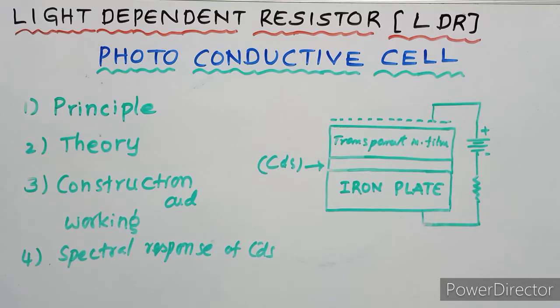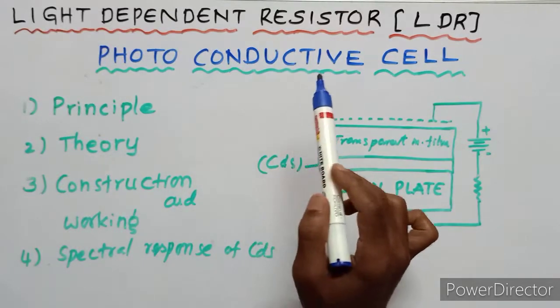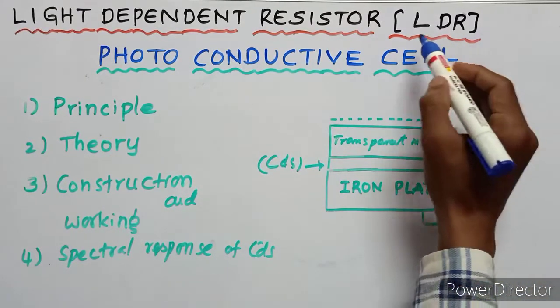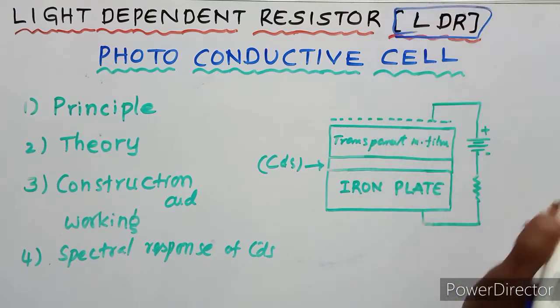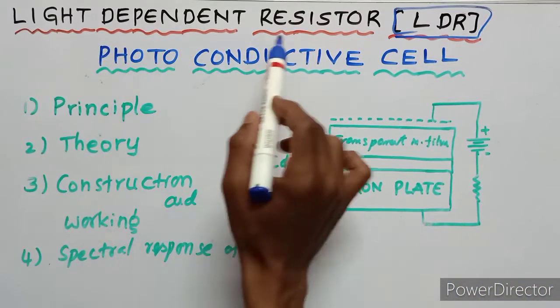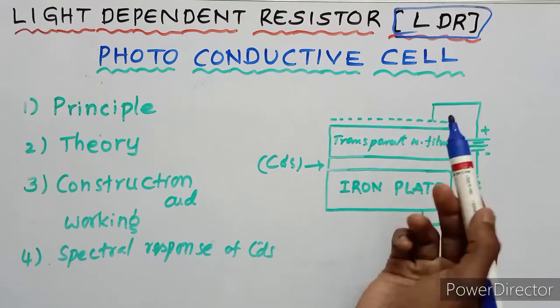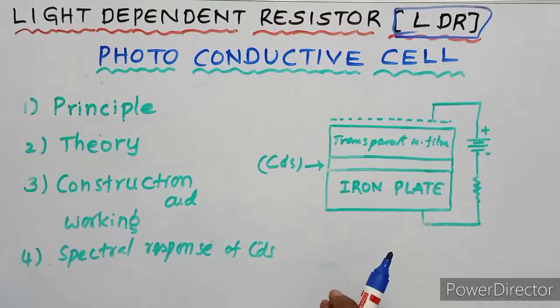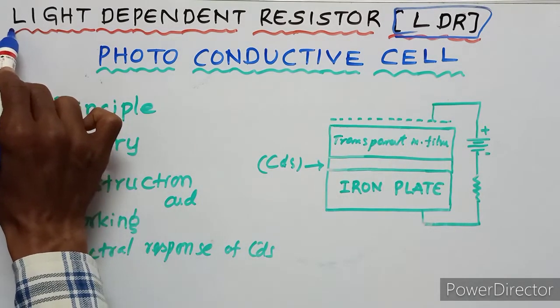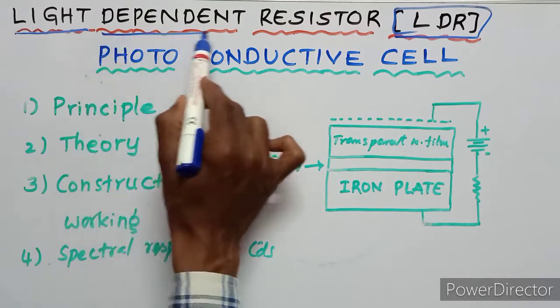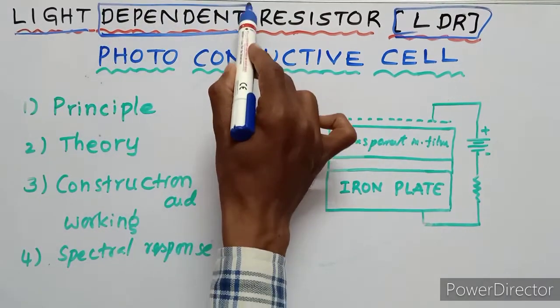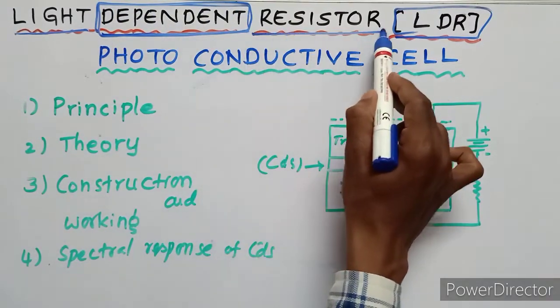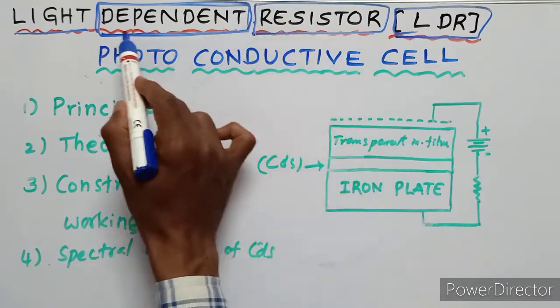Now we are going to discuss the light dependent resistor. It is denoted as LDR, light dependent resistor, or photoconductive cell. In the name, light dependent resistor, the resistance depends upon light.